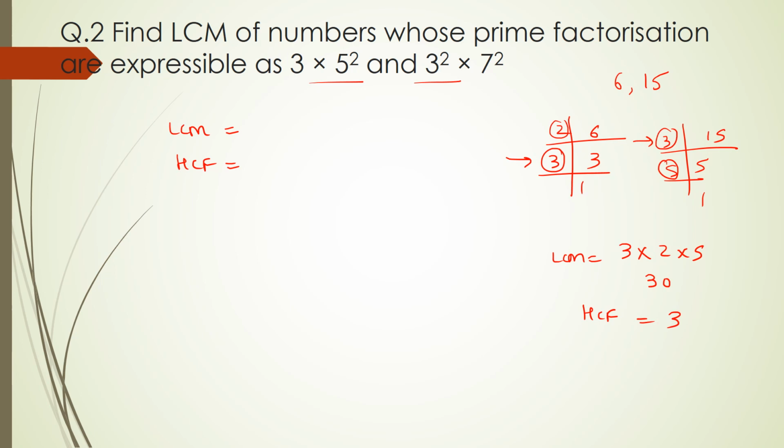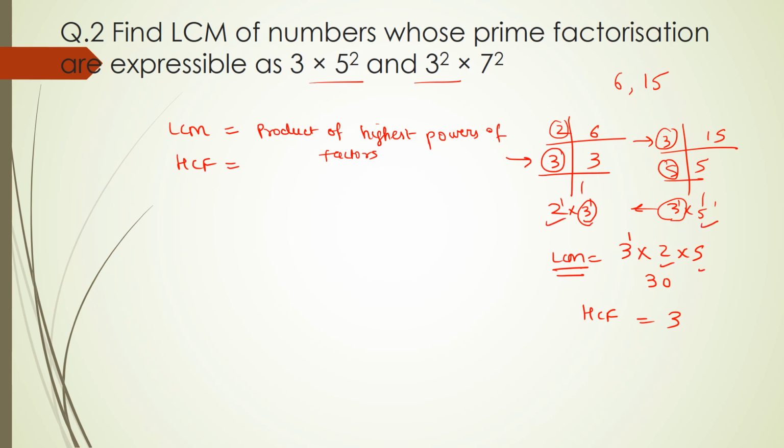So you can see what we take when it comes to LCM is the product of highest powers of factors, correct? For example, this is 2 into 3, this is 3 into 5. We have all the powers as 1. So in LCM what we did, the highest power, so this is 3 raised to power 1, considered only one time, and then 2 into 5.